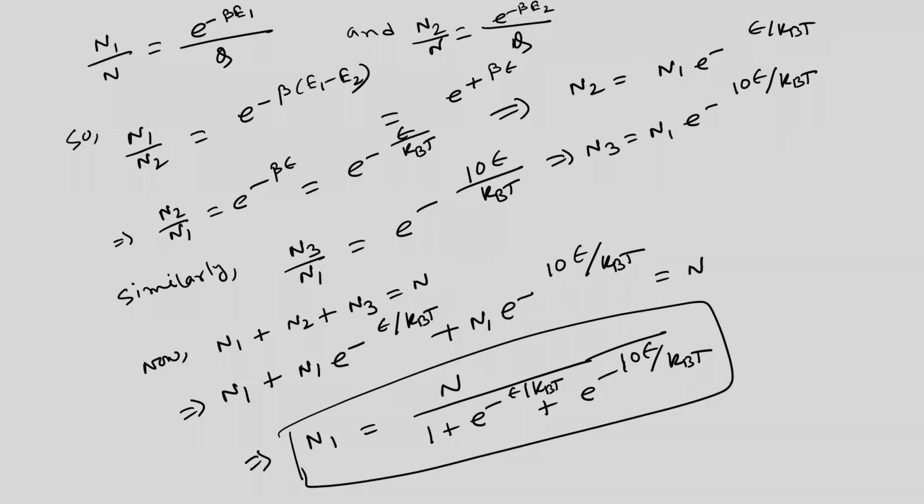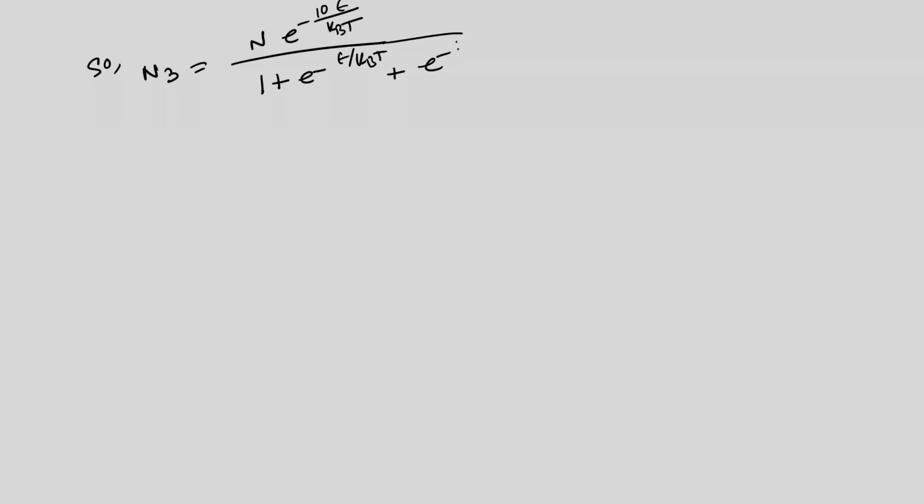So, if we substitute the value of N1 into the expression of N3, we get N3 equals N times e to the minus 10 epsilon by kBT by 1 plus e to the minus epsilon by kBT plus e to the minus 10 epsilon by kBT.